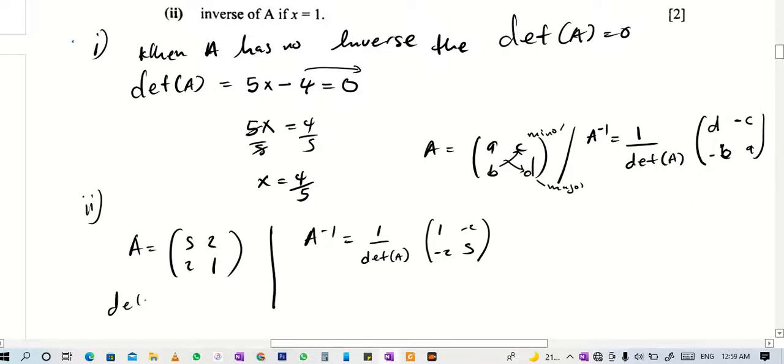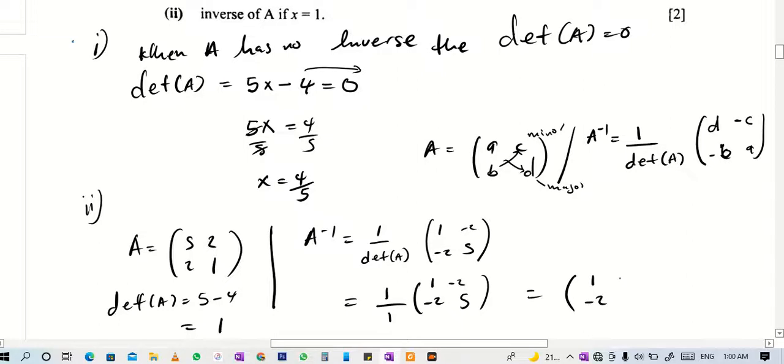The determinant of A would be 5 by 1, that is 5, minus 4, which gives us 1. So this would be 1 over 1 multiplied by 1, -2, -2, and 5. So this will give us 1, -2, -2, 5.